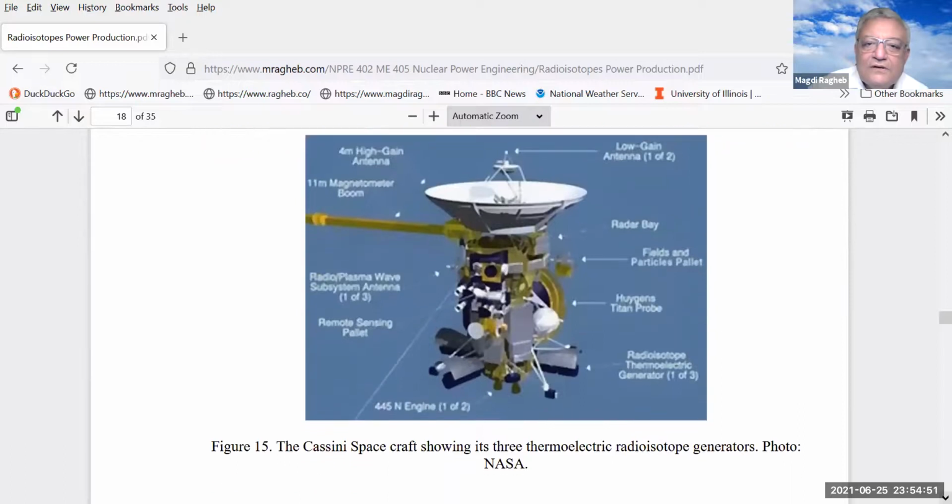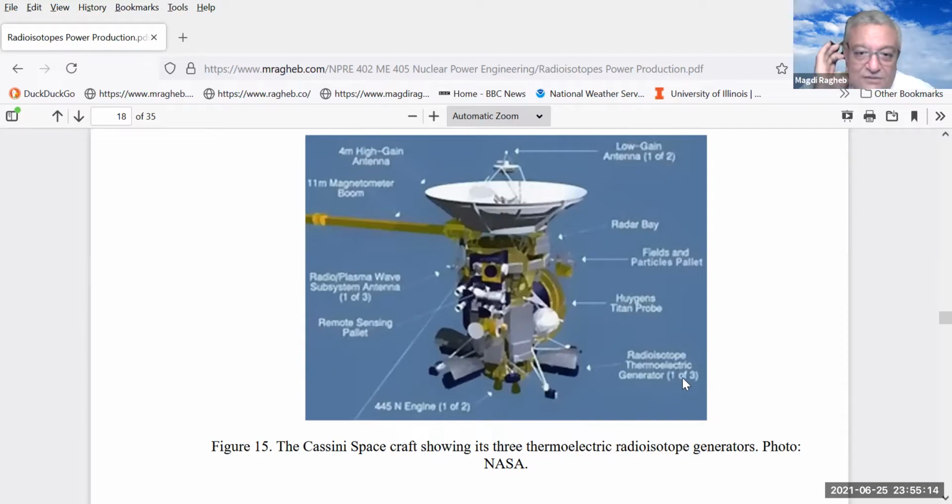This is a picture of the Cassini spacecraft. And it's the size of a bus. And it was launched into space through the space shuttle. And look here, 1, 2, 3. These are radioisotope thermoelectric generators, 1 out of 3.